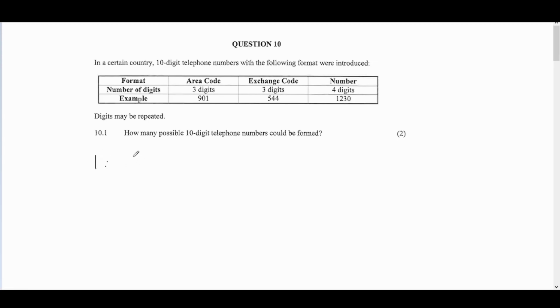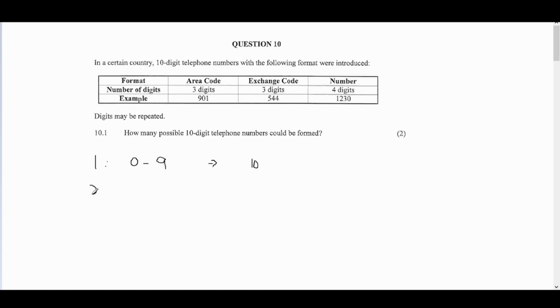This placeholder can go from 0 to 9, so that is 0, 1, 2, 3, 4, 5, 6, 7, 8, 9, and that is 10.